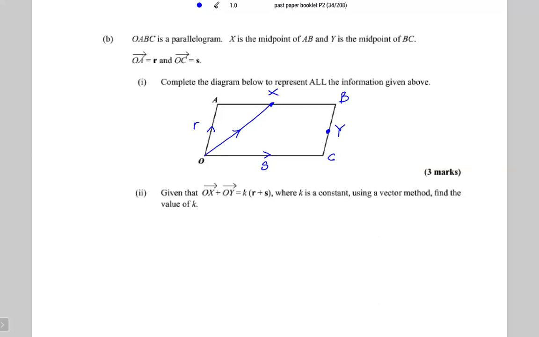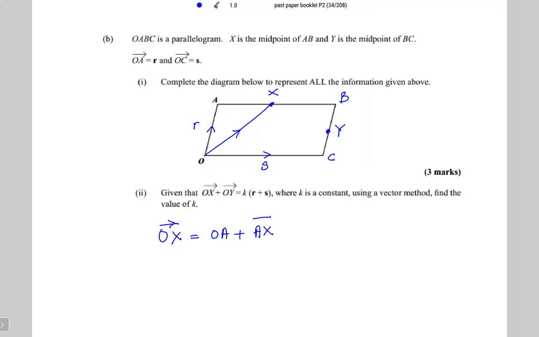Most times in vectors, when you're finding a vector, you're going to use the triangular law of vectors. So I'm going to say the vector OX would be equal to the vector OA plus AX.